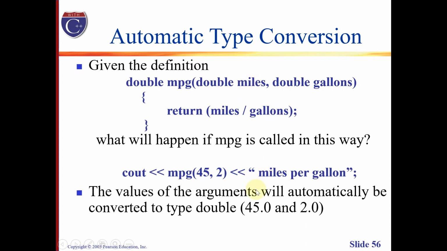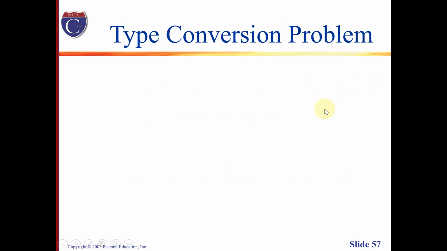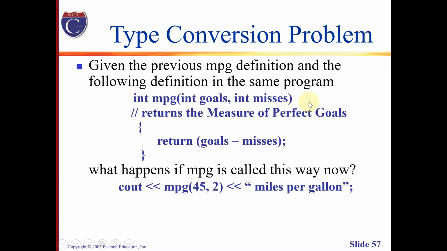Given this function call, the values of the arguments will be automatically converted to type double, since in the definition of our function, the parameters were of type double. Now, what will happen if we introduce another definition for this function?